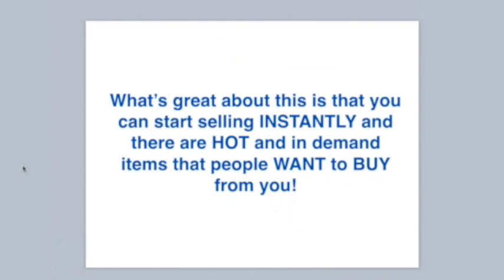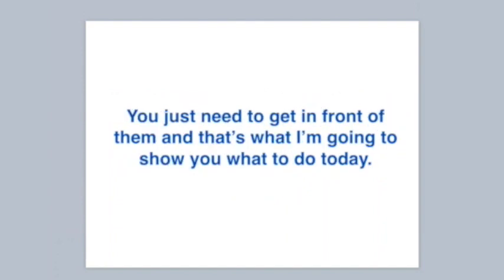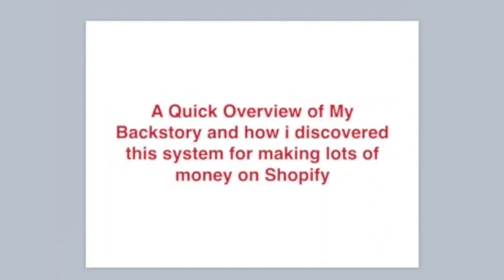As soon as you get off this call, you can go on, find a hot trend, something that people want, and put it in front of them to buy. That's it in a nutshell. There's no rocket science behind the method. You just need to get in front of them, and you can get going from today. Moving forward now, a quick overview of my backstory of how I got started.